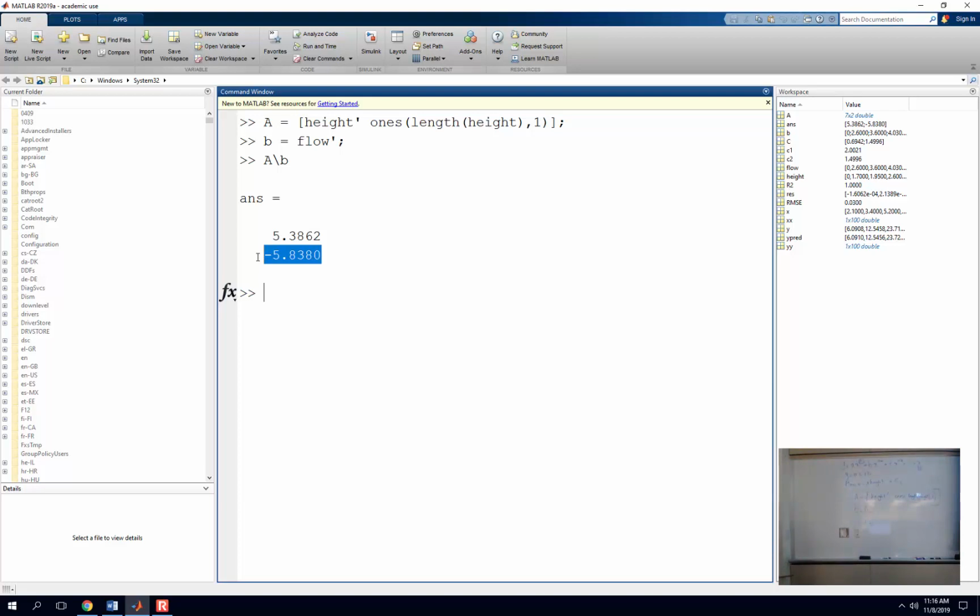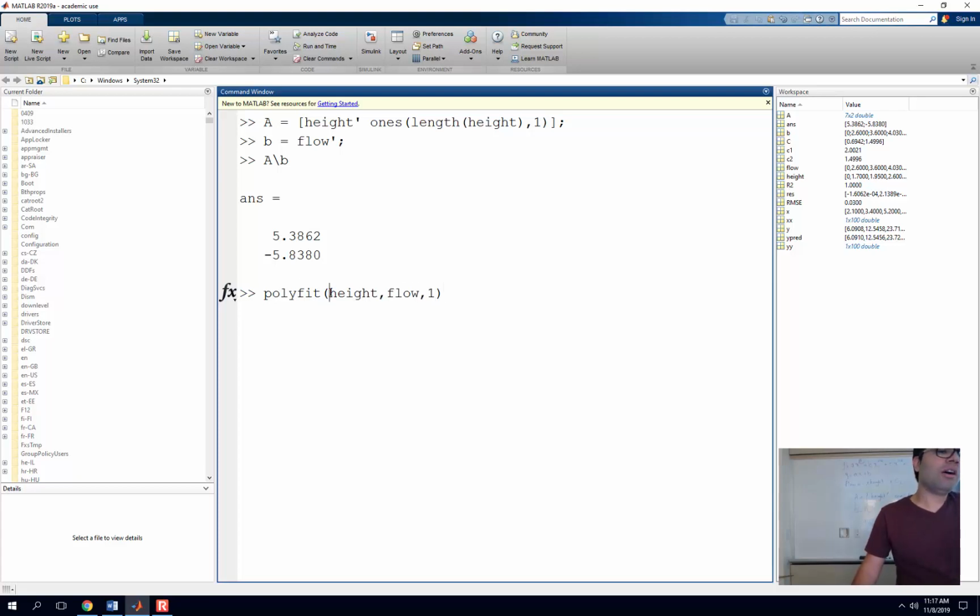There is an easier way when you are dealing with polynomials. There is an easier way that you can estimate those unknowns. It's called polyfit of x, or height comma flow comma 1.